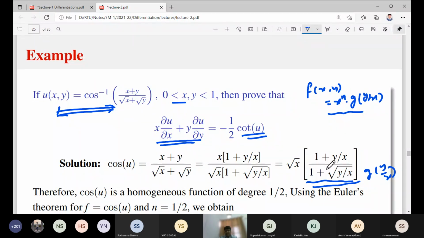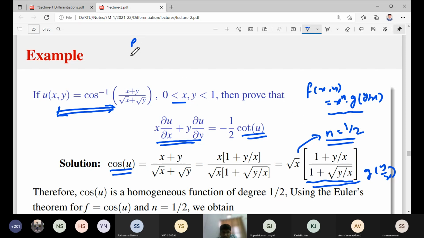And what is the value of n here? n means the power of x. So from here, n equals 1/2. It means your given function cos of u is a homogeneous function of degree 1/2. So now if we apply Euler's theorem here, what is the statement of Euler's theorem?